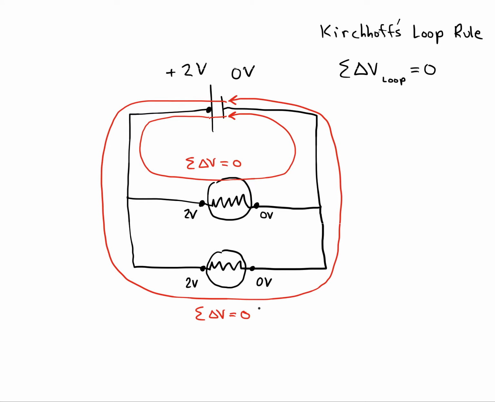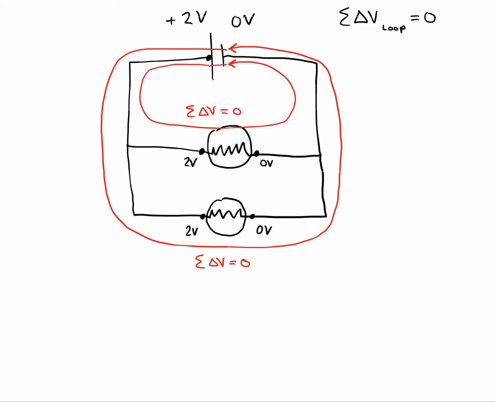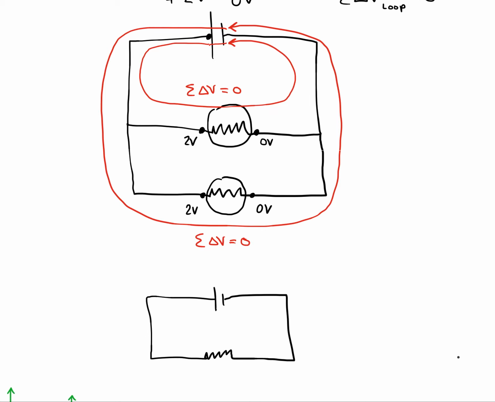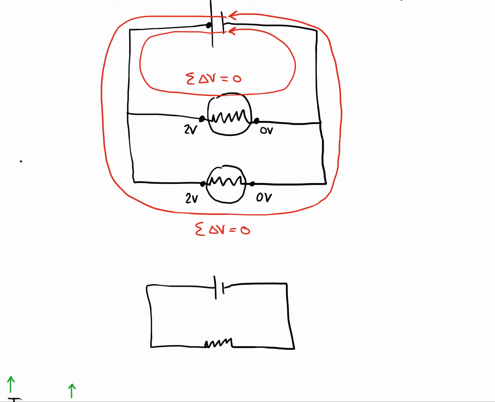All right, anyway, what we'd really like to do, though, is simplify this into one resistor, just like we did with the capacitors. So take the 2 bulbs, combine them into just one resistor here, which we'll call R EQ.